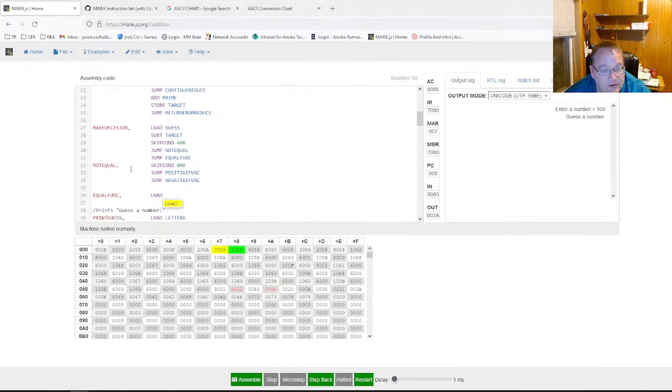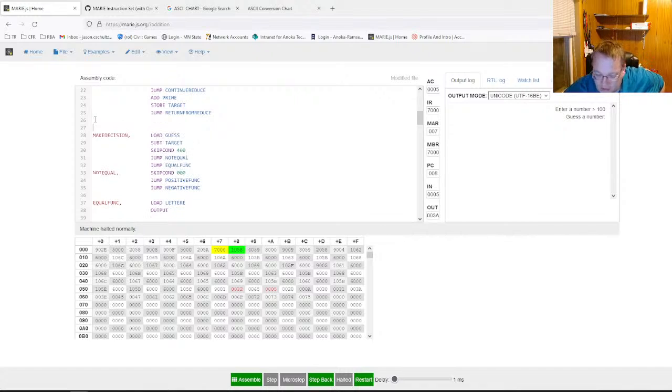So what I'm going to do is I'm going to load letter E, output. And now here's the interesting part.